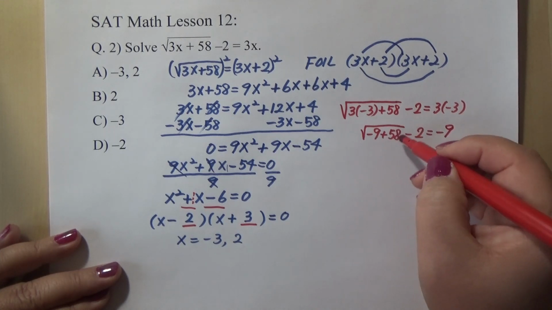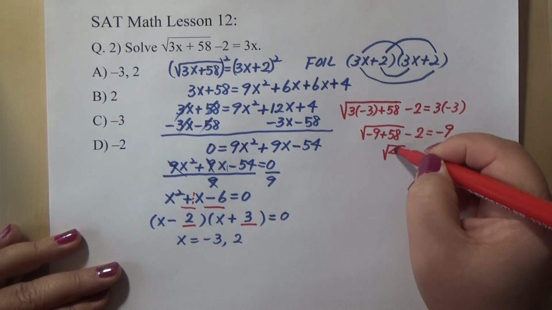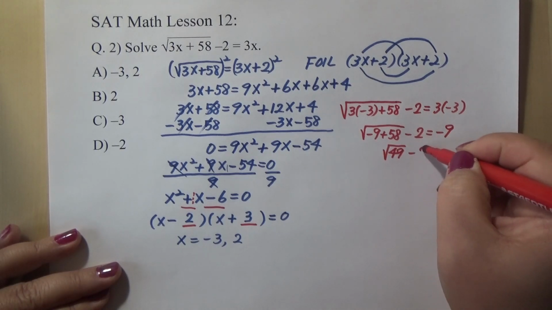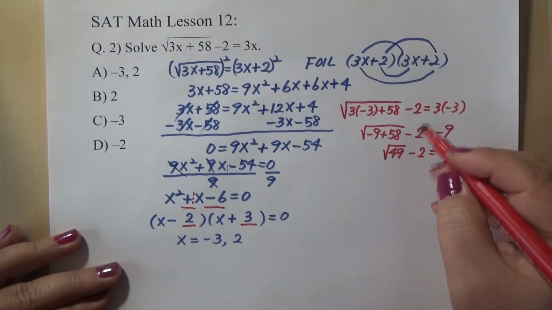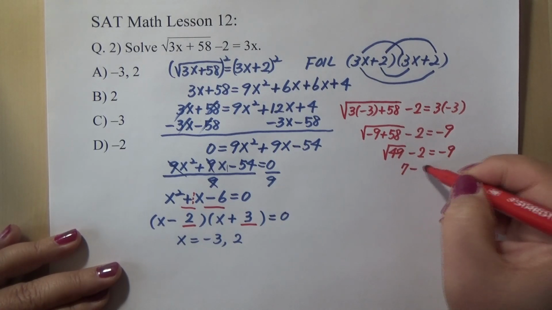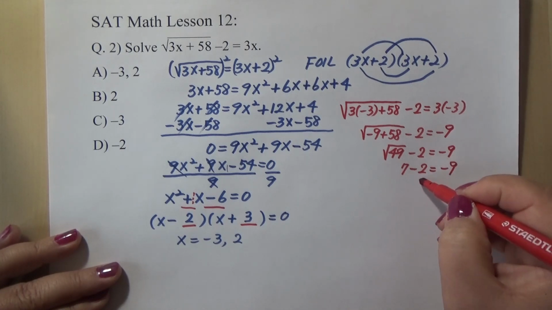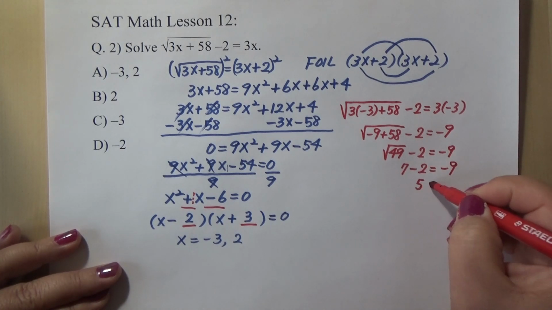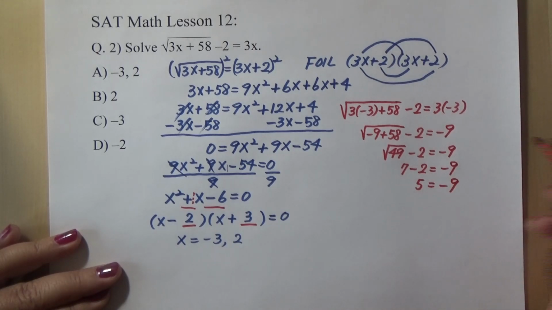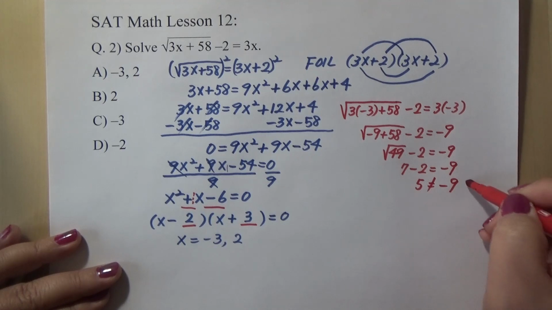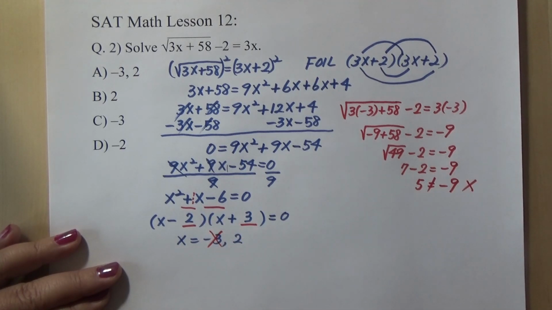And then negative 9 plus 58 is 49. Square root of 49 minus 2 is equal to negative 9. And square root of 49 is 7, and minus 2 is equal to negative 9. And then 7 minus 2 is 5, which is not equal to negative 9. So this is not true. So this is not the answer. Negative 3 is not an answer.